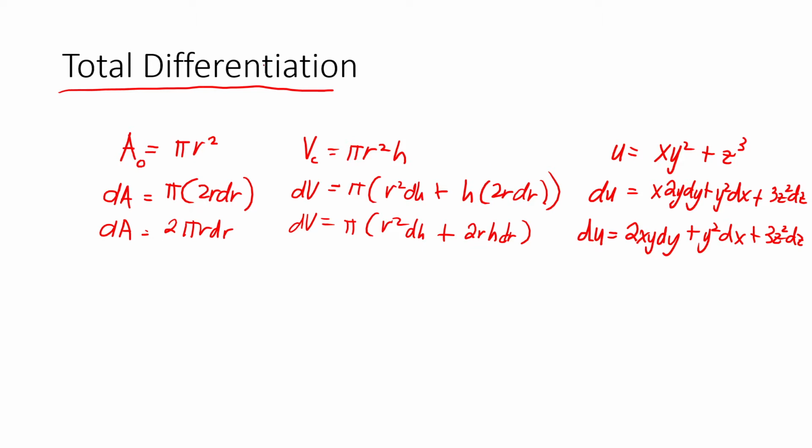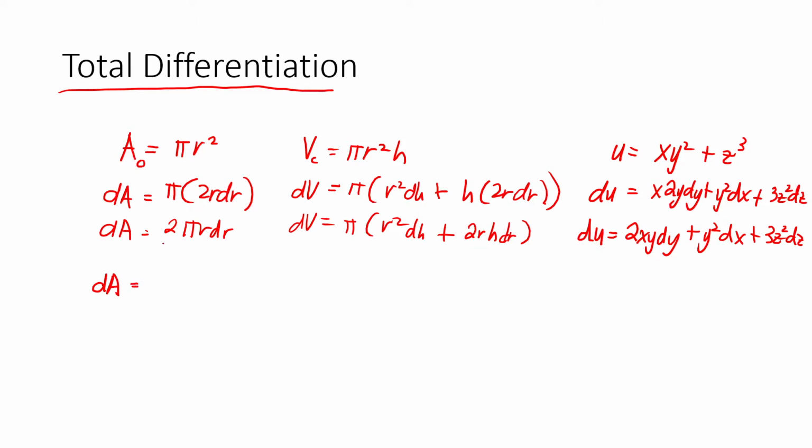Okay. So, you look at this formula. What is your dependent variable? It's area. So meaning it's dA is equal to, you look at your variables only.